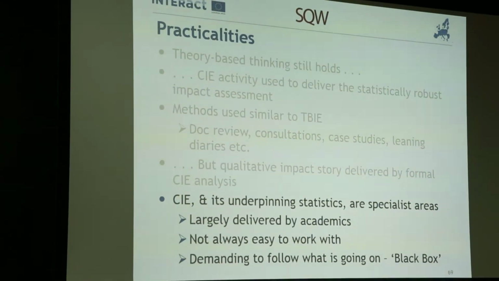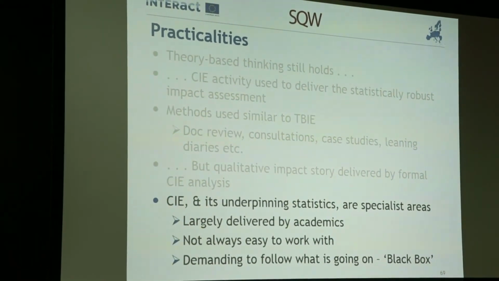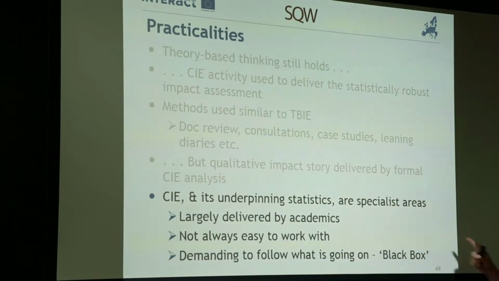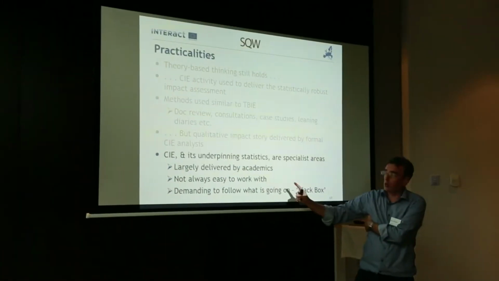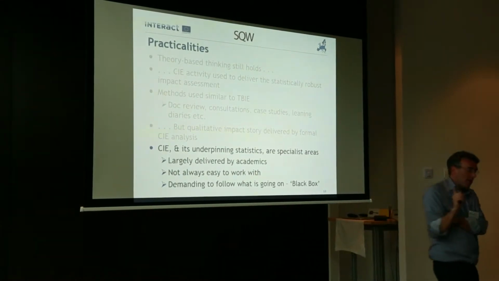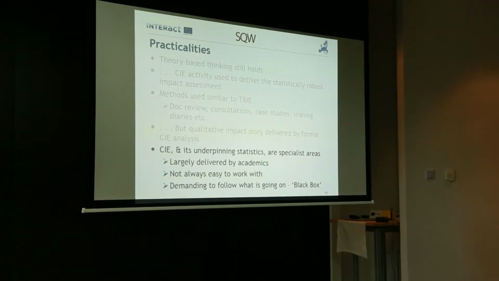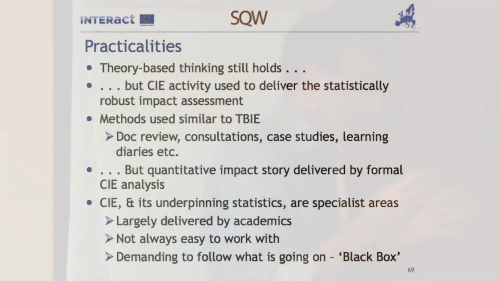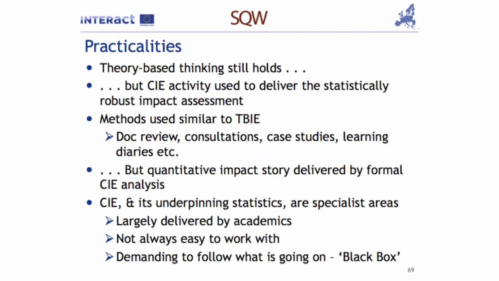CIE and its underpinning statistics are specialist areas, largely delivered by academic specialists who aren't always very easy to work with. Even for me, having done evaluation as long as I have, following what is going on is quite difficult. There's an element of the black box here. So that's not to say don't ever use them, but just be careful what you're getting into.